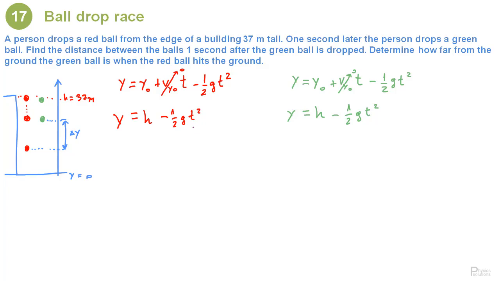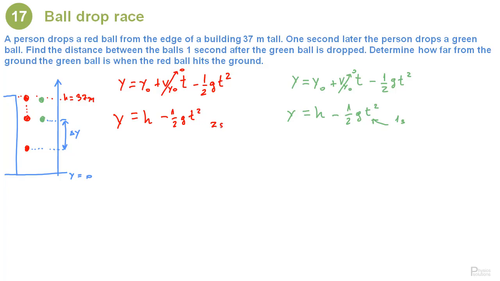The question is, find the distance between the balls 1 second after the green ball is dropped. In other words, this t here is 1 second. So the green ball has been moving for 1 second. That means that the red ball has been moving for 2 seconds, because the red ball started moving 1 second before.